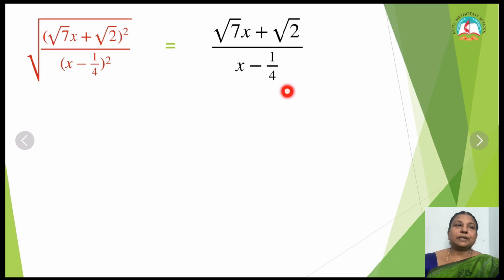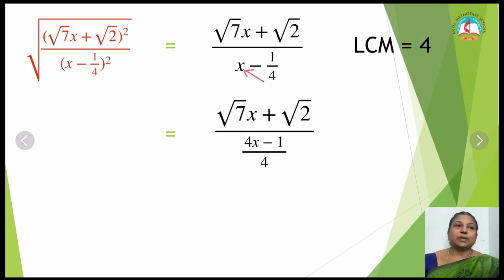Now you can see in the denominator, here you can take the LCM. So what is your LCM, children? Yes, very good. Your LCM is 4. So you take LCM 4 and just cross multiply. If you are cross multiplying, you will get root 7x plus root 2 divided by (4x minus 1) divided by 4. Now you can take this 4 to the numerator. Okay, it's a division.